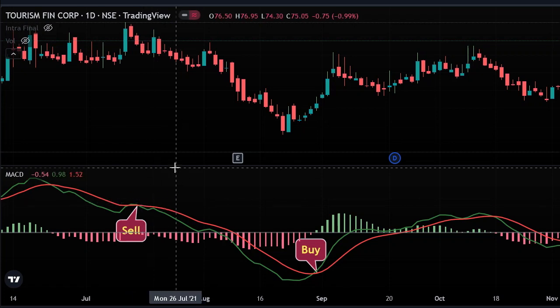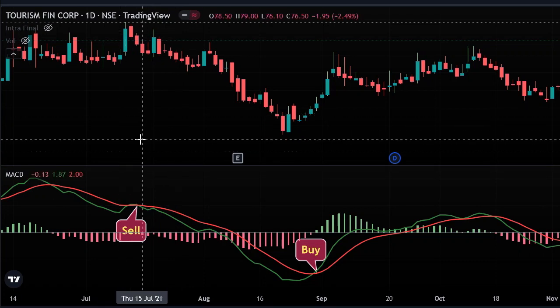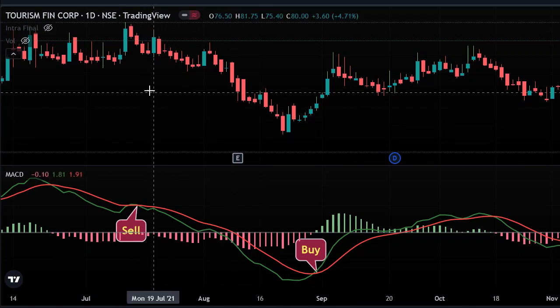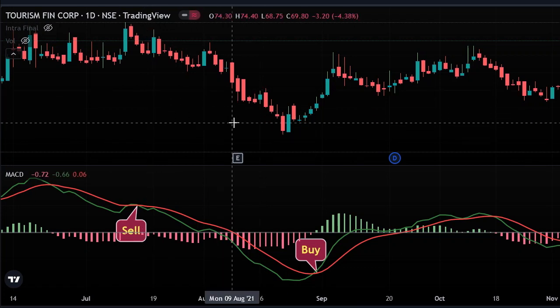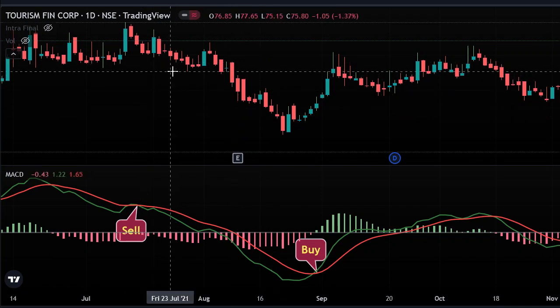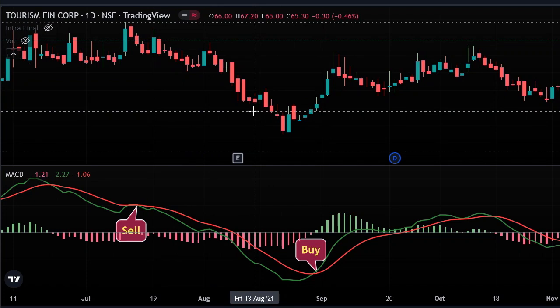But as you can see in this case, we are getting a good sell signal and a good downtrend after that sell signal. Why did this happen?